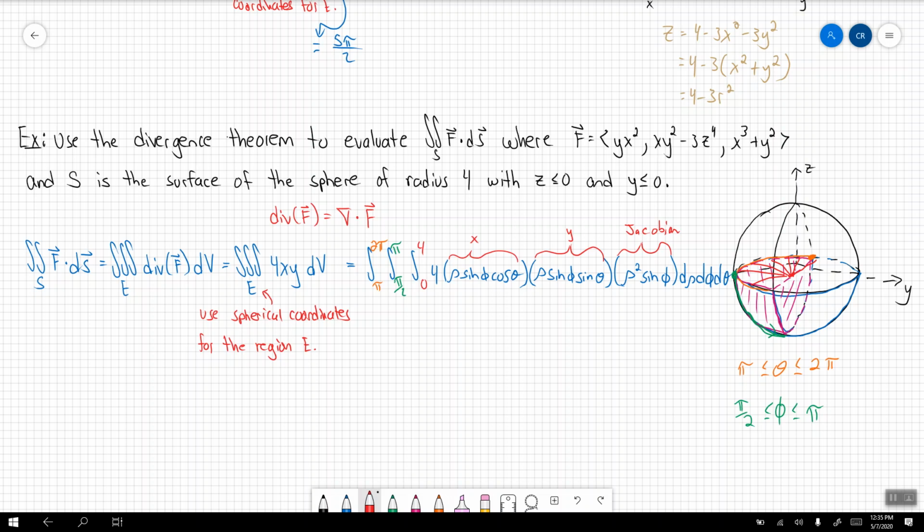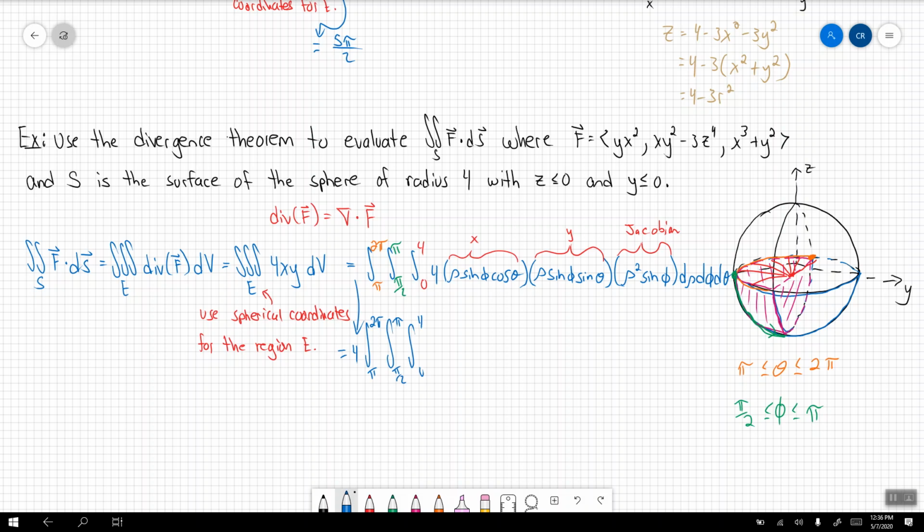Alright, now that we have this, let's simplify just a little bit more. This is going to be from pi to 2 pi. I have a constant here, it's 4, so I'm going to factor out that 4. There we are. Integral from pi halves to pi, and then integral from 0 to 4. How many rhos do we have?